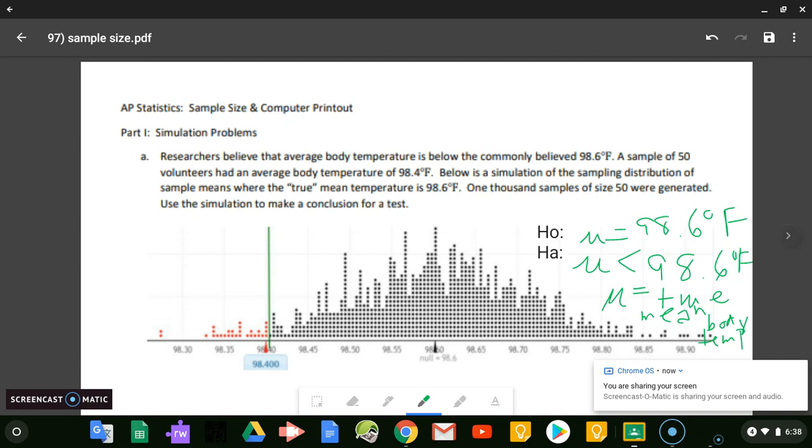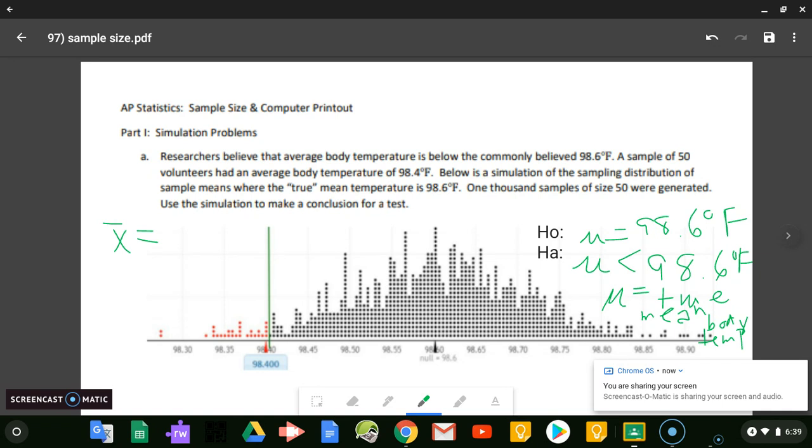Normally after we do this, we would either do a test or a confidence interval, but a simulation is actually another way to do it. So we think about the sample. In our last unit, our sample was a p-hat because it was a proportion. Here, our sample is an x-bar because it's a mean.